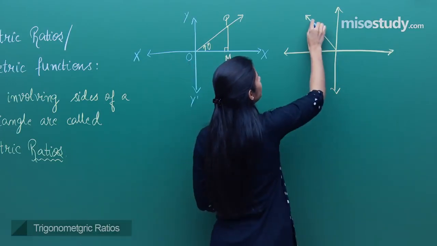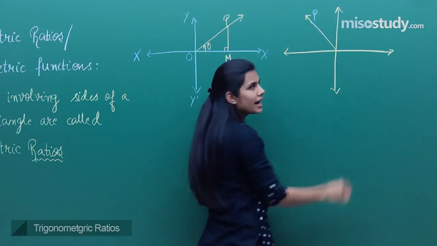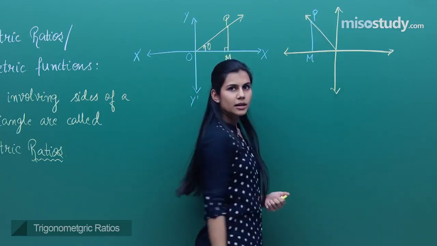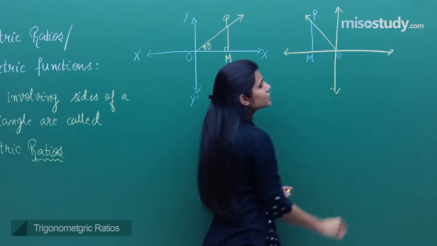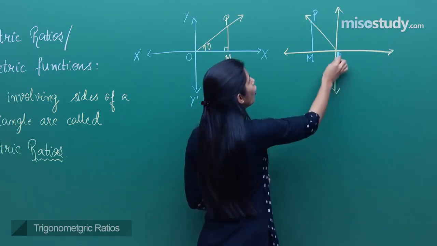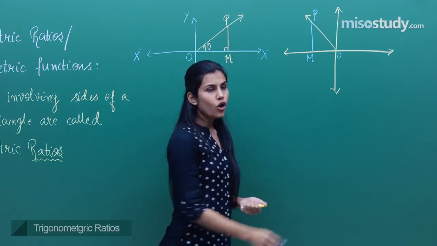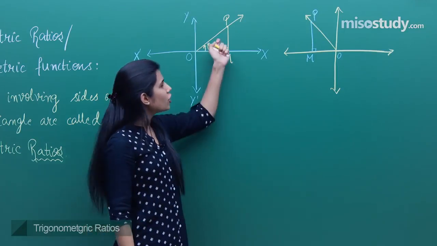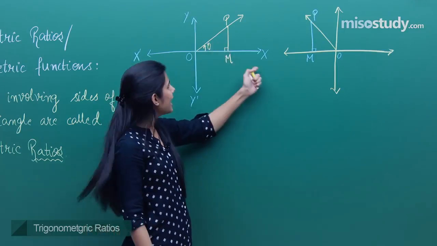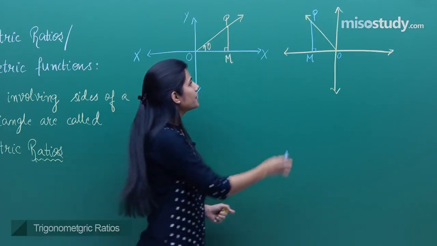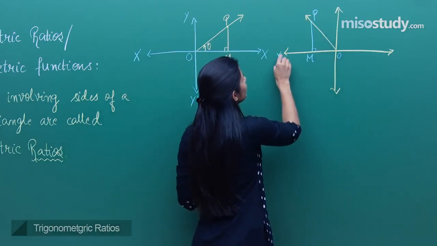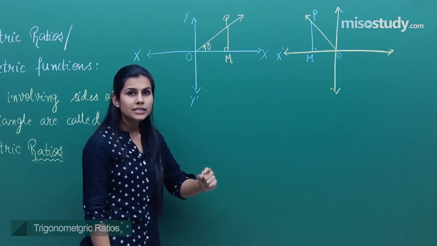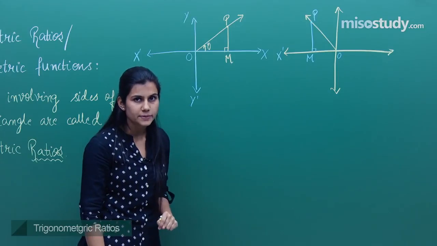If I take a point on the terminal side and drop a perpendicular PM on the x-axis, again this results in OMP, a triangle of reference. The only difference is that angle XOP and angle X'OP have their terminal sides lying in two different quadrants.